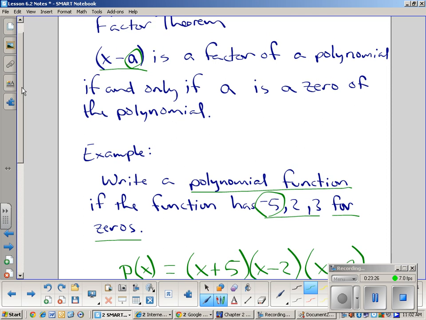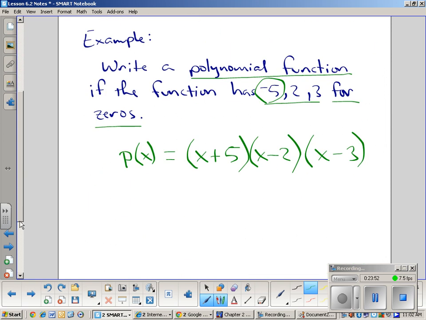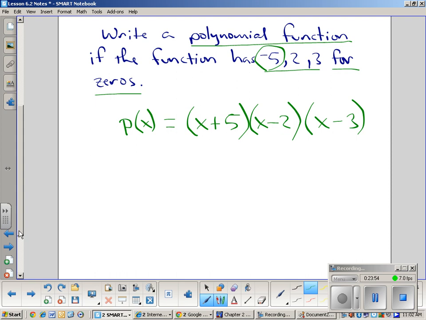You notice from geometry it says if and only if. It means it's reversible. When I used it here, I said if a is a zero, then x minus a is a factor. I switched it around, didn't I? And if they give me factors, then I can look at the factors to find the zeros. If x minus a is a factor, then a is the zero. Okay? All right. Any questions on that before I move on?